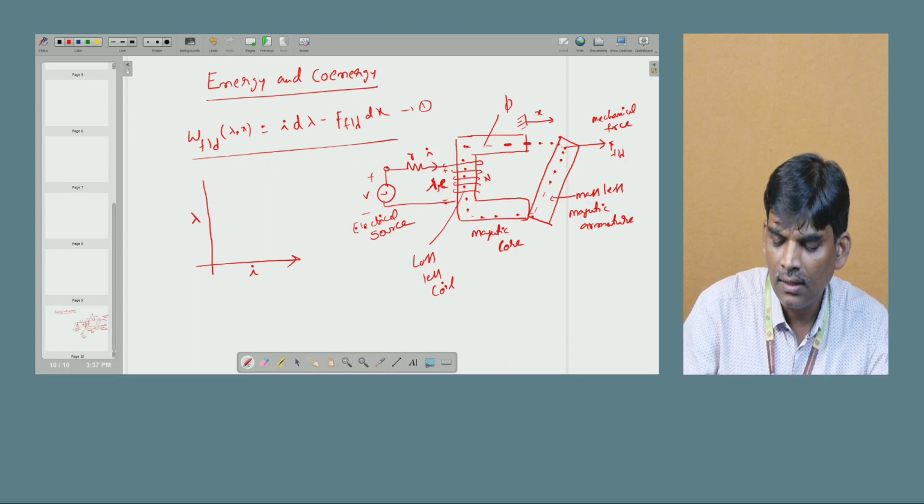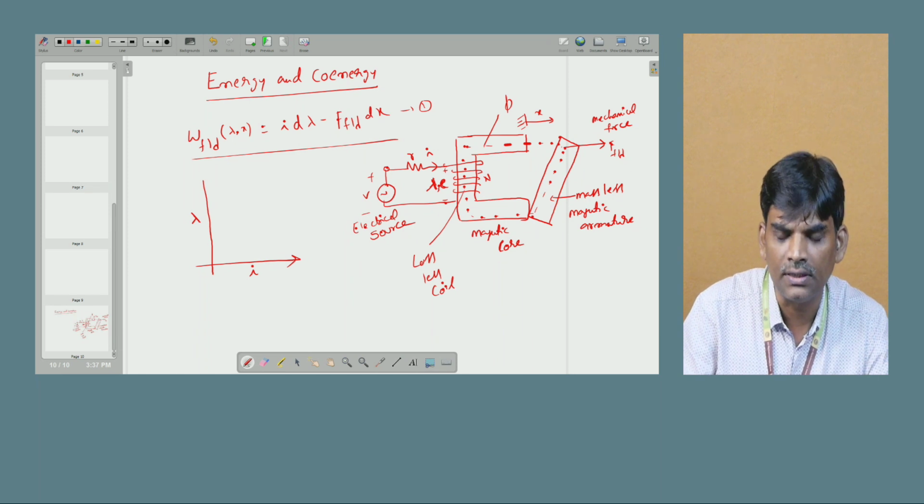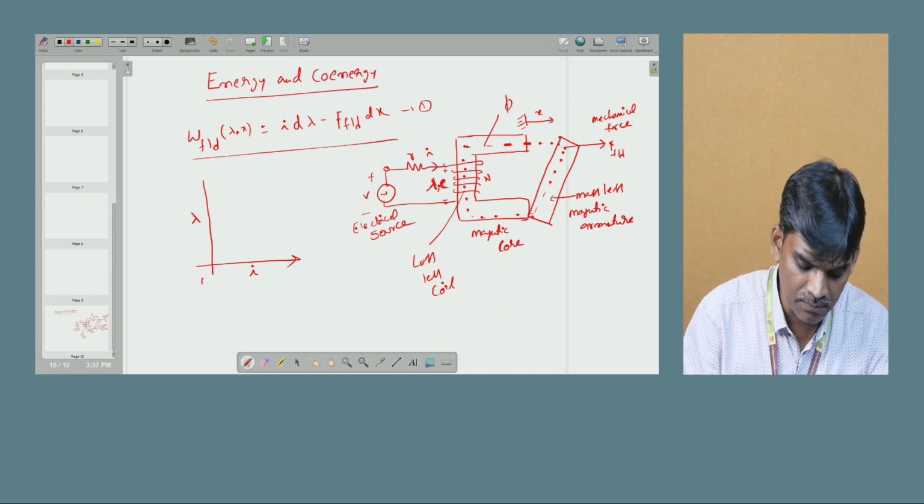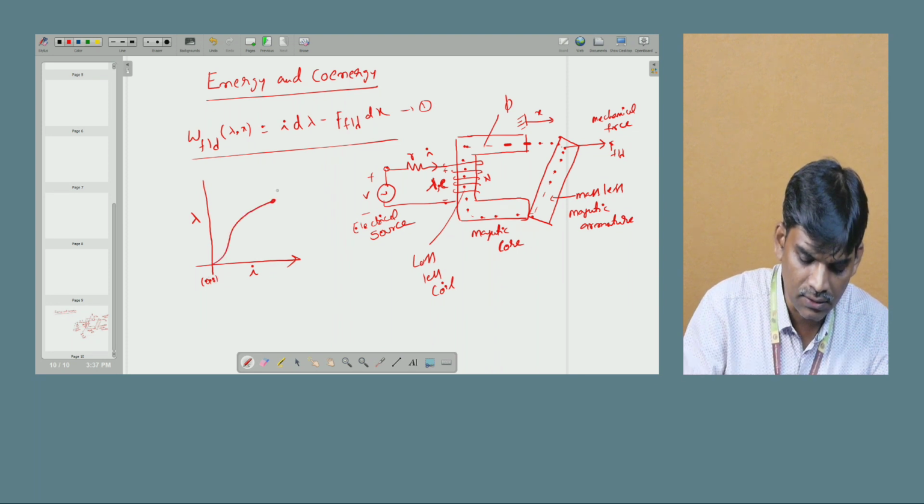It is a non-linear system, because the iron core is non-linear, so it goes from 0 to a particular value, lambda comma i.